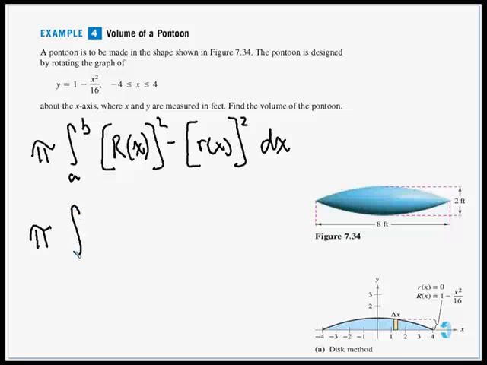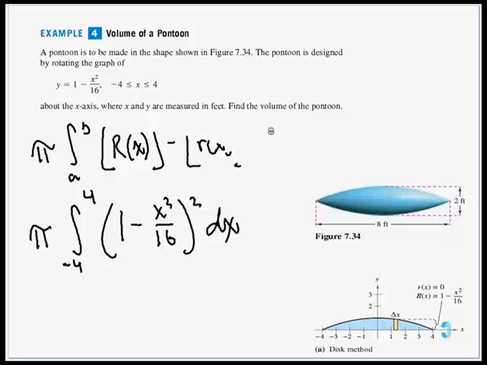Pi integrated from, on our x-axis, we're going from -4 to +4. Our upper radius is going to be our function, 1 minus x squared over 16 quantity squared. And then our lower radius is 0 since we are touching our axis of rotation. So we could have minus 0 squared, but that is not necessary. So there's our setup.